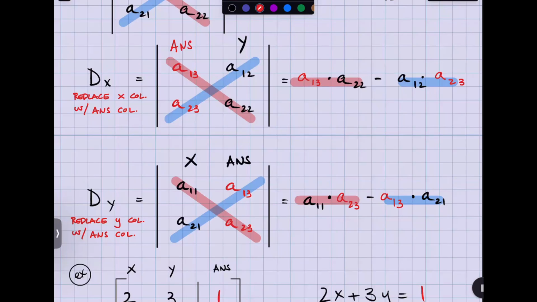The thing I love about math is that most of the things kind of make sense. Somewhat, right? Because you're sitting here going, who would come up with this thing? How did they go, oh yeah, we can just do this and this will work. But when you're looking at dx and dy, you're like, oh yeah, replacing the x column with the answer would give me dx. That makes sense, right?